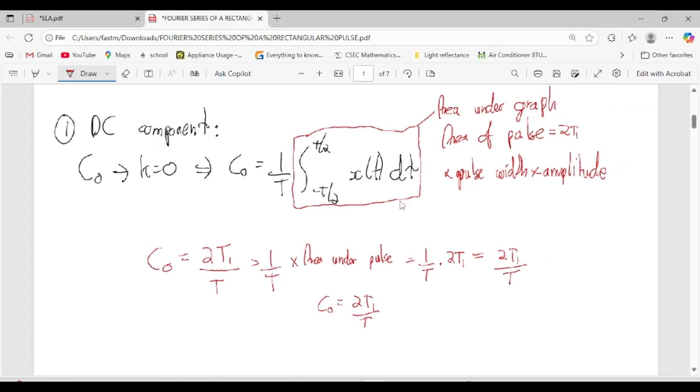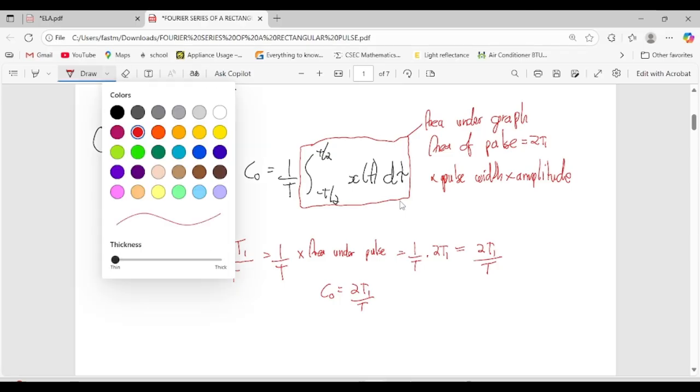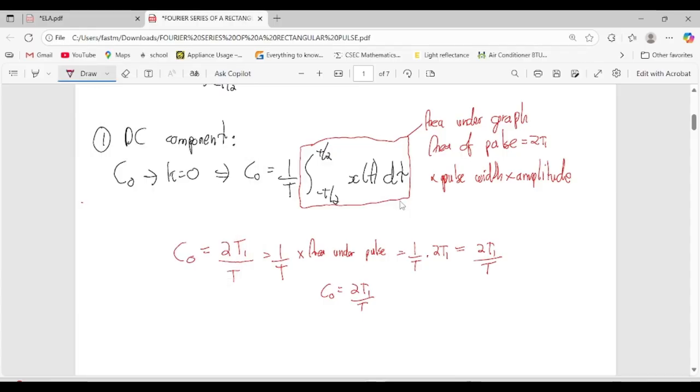So then he went a step further. If you add a different amplitude to the graph itself, all that's going to happen is you're just multiplying by that particular amplitude. So C0 will now become A, the amplitude, multiplied by 2t1 on T. And this makes sense because you have the pulse width multiplied by the amplitude.